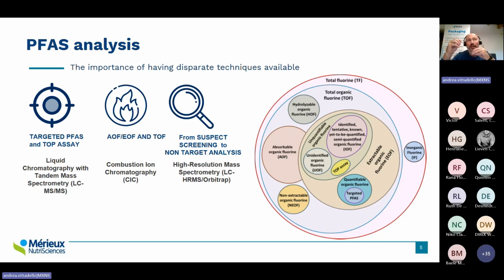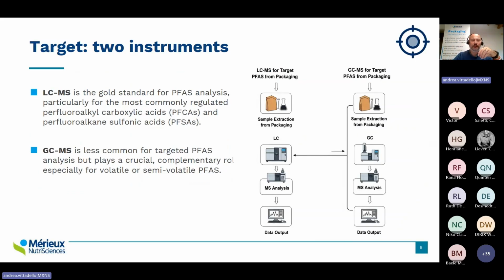Not just one way is enough to investigate the question on PFAS, to be in compliance on PPWR, but also to be in general evaluation of the risk assessment.